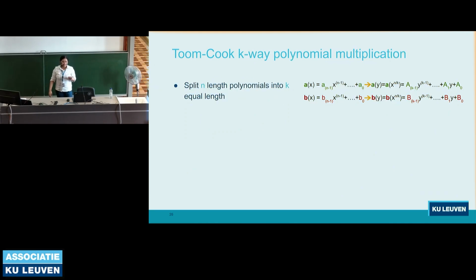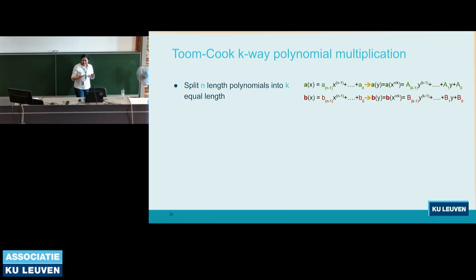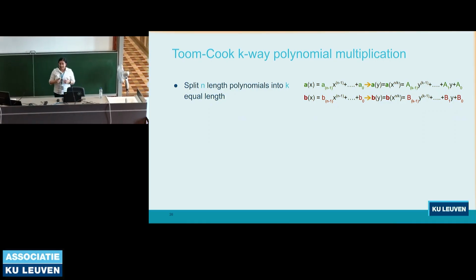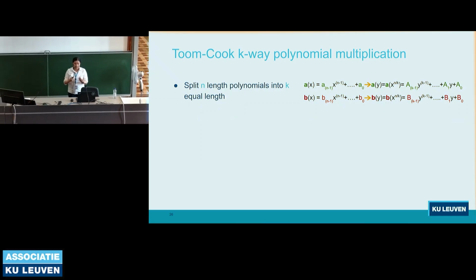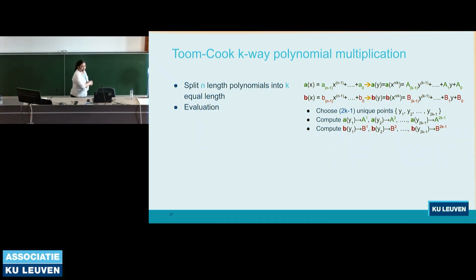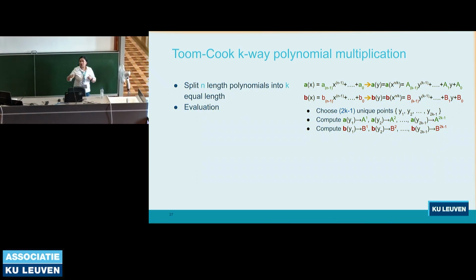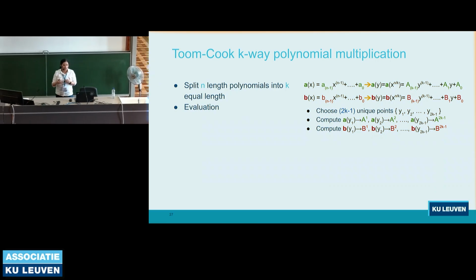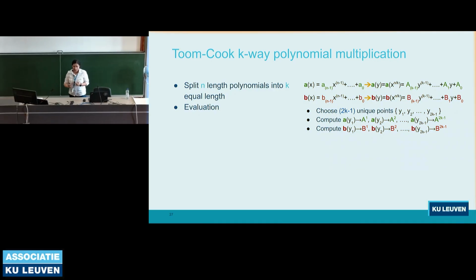Now, for evaluation, it's pretty similar to how we did it for the small example. But here we divide a big polynomial into small chunks, some subpolynomials which also have coefficients, and then we apply the evaluation technique on them. So let's say I want to do Toom-Cook k-way polynomial multiplication.